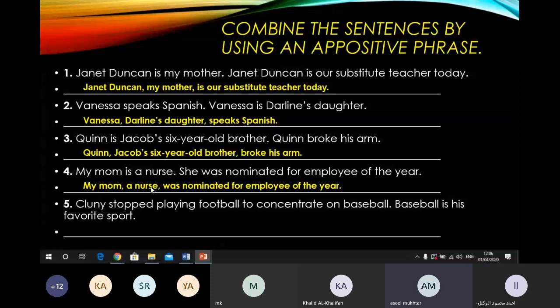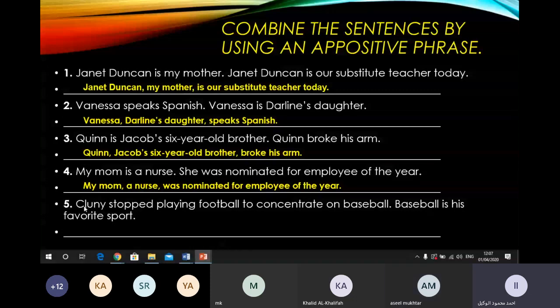Okay. Clooney stopped playing football to concentrate on baseball. Baseball is his favorite sport. Clooney stopped playing football. Okay, simply find the name that is repeated in both sentences. We have baseball in both sentences. So we have baseball, right?